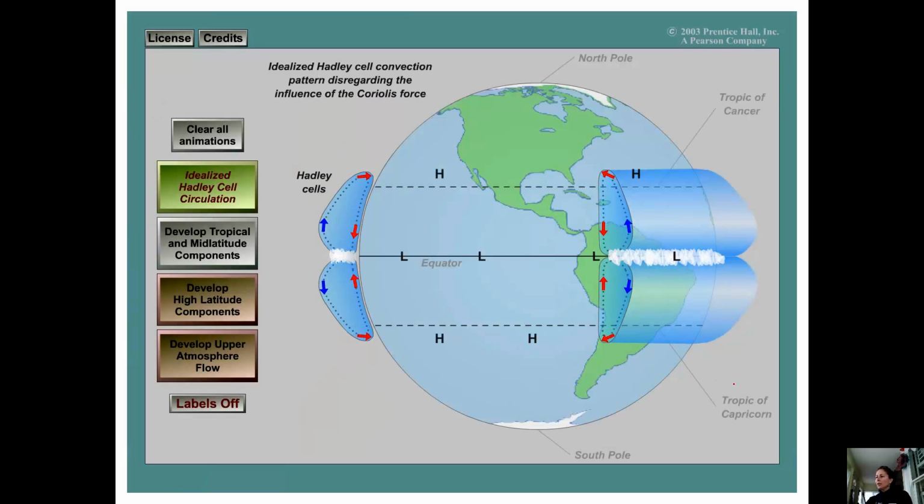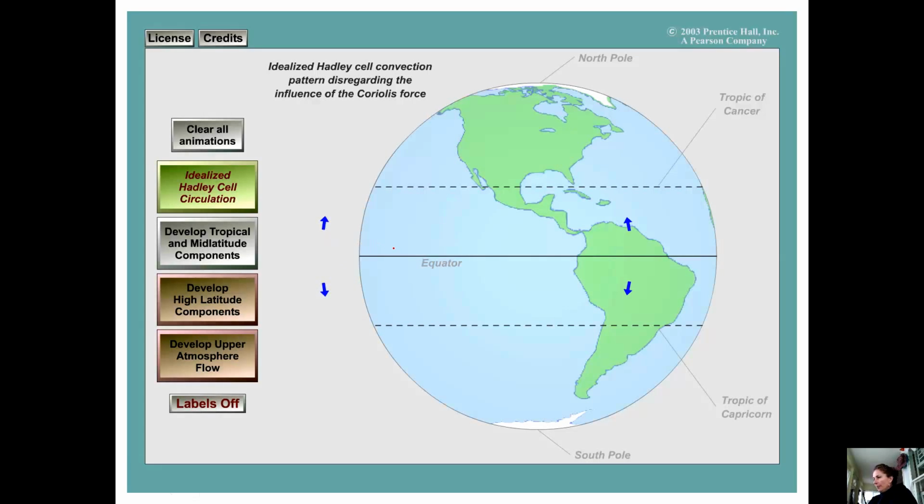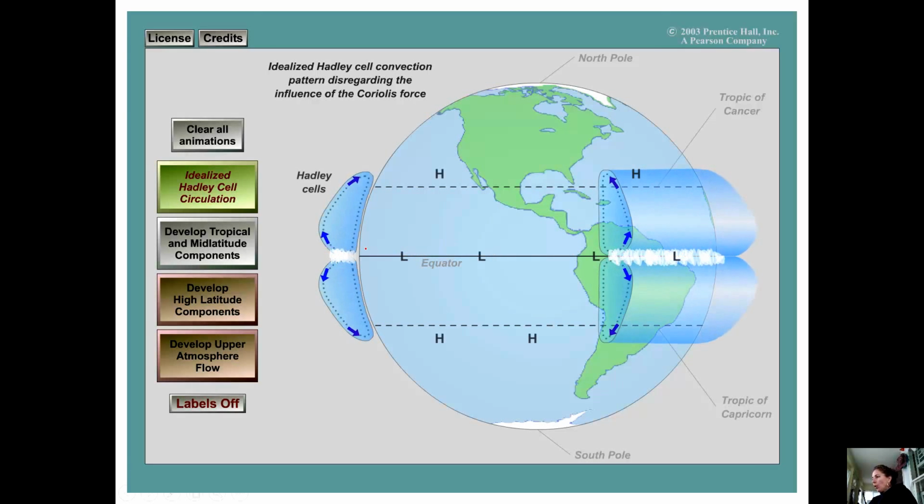If we look at what's happening here, we know that we have extra heat along our equator. That extra heat makes the Earth itself warm the air that it comes into contact with. This warm air, being less dense than its surroundings, rises.